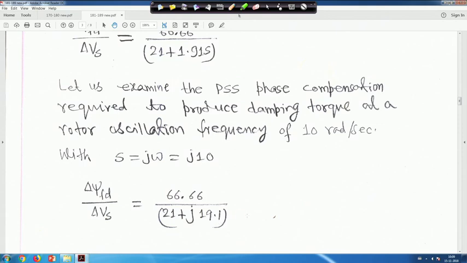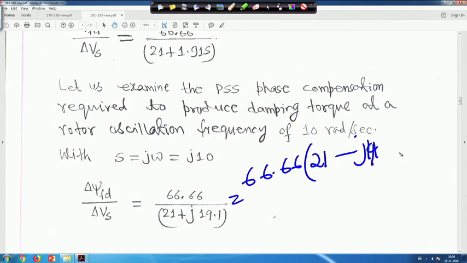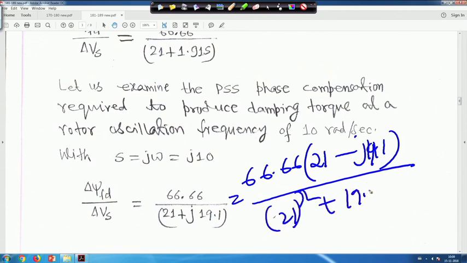Now, numerator and denominator you multiply by 21 minus j 19.1, divided by 21 square plus 19.1 square, because j is a complex operator.